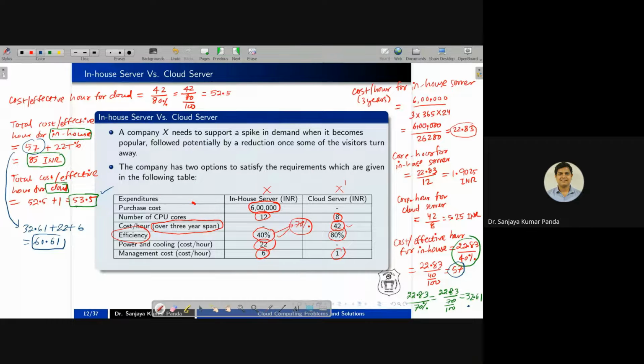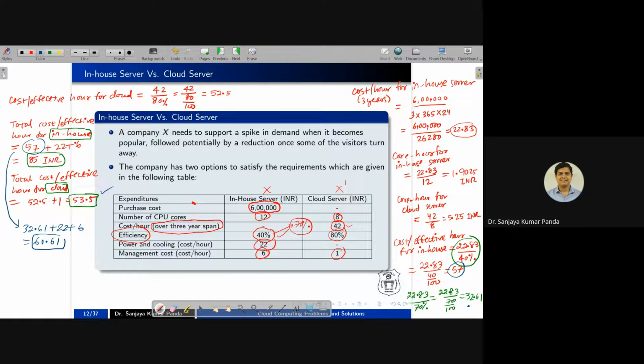Right? Because in the cloud case it is 53.5 with an efficiency of 80%. In the in-house case you have increased efficiency to 70%, so the cost is 60.61. Is it clear? So you can still see that cloud is better than the in-house server.